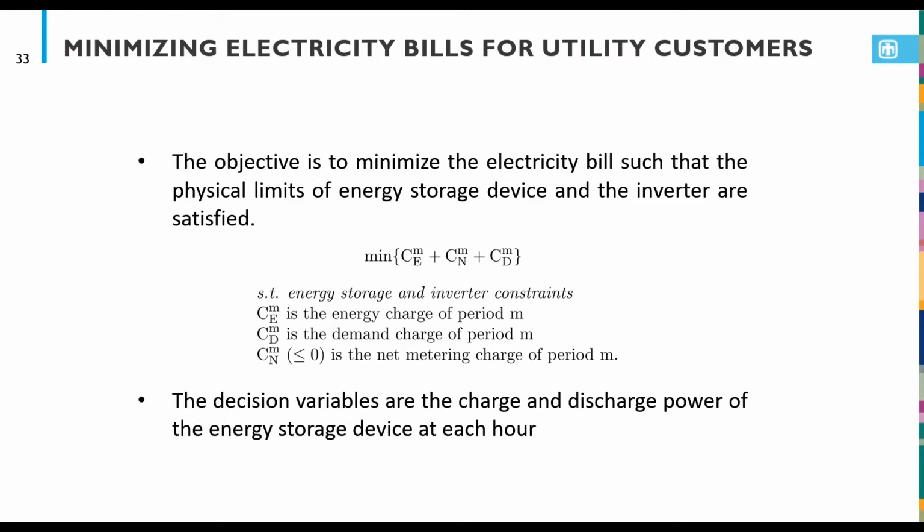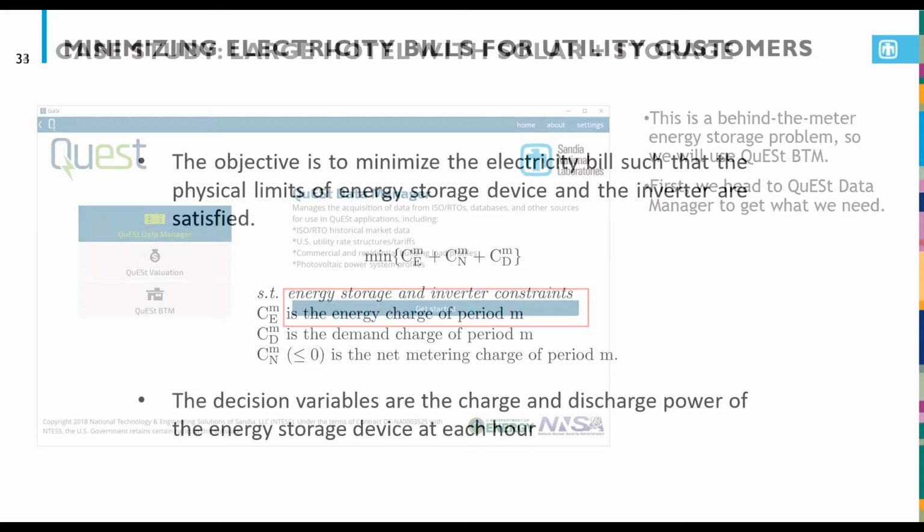This is an optimization in which the objective is to minimize the total energy charge, demand charge, and net metering charge, considering physical limits of the energy storage device and the inverter. The decision variables of this problem are the charge and discharge power of the storage device at each hour.